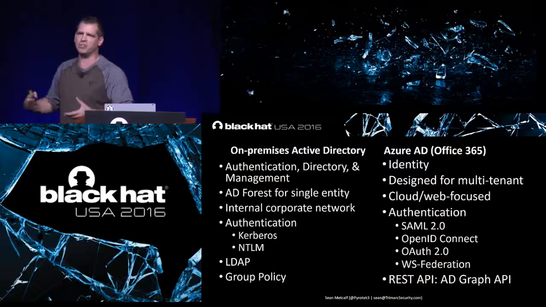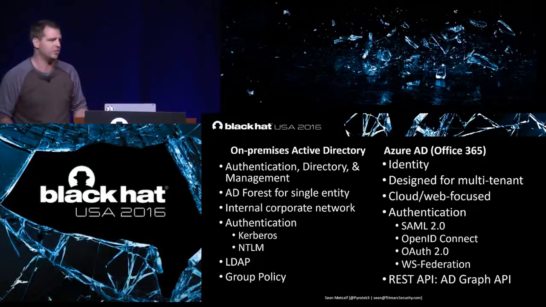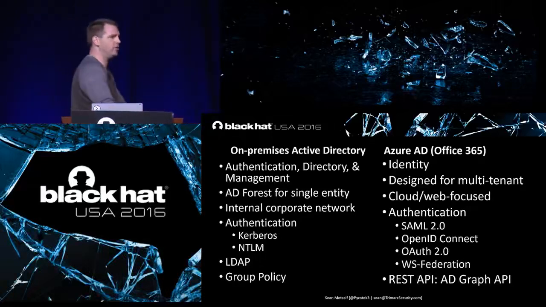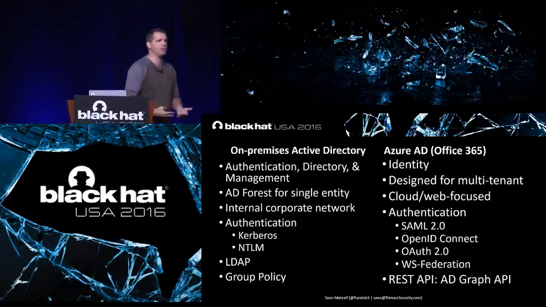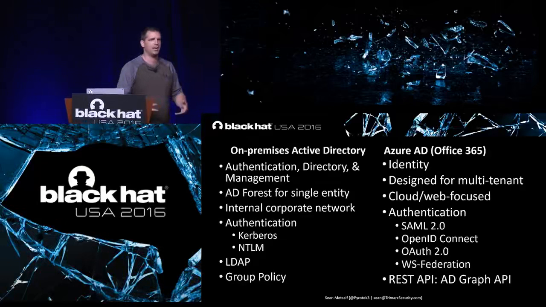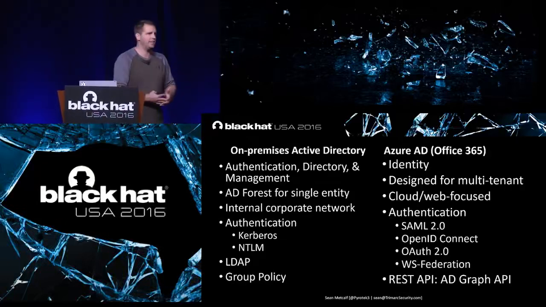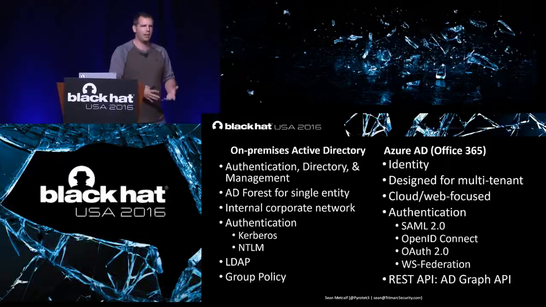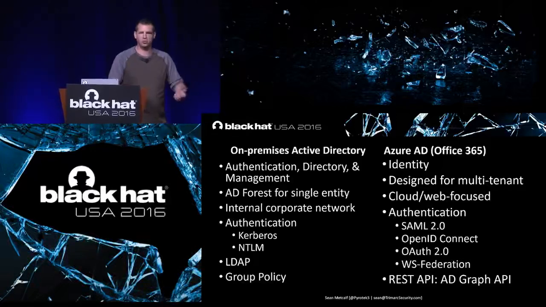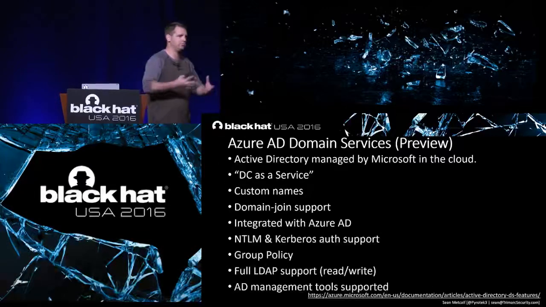So when we're talking about Active Directory, we're talking about what's on the left side traditionally, our on-premises Active Directory environment, which has all the goodness that we're used to for 16 years. If you are moving into Office 365 or have already moved into Office 365, you're looking at what's on the right, Azure AD, which was designed for cloud multi-tenant identity. There's no NTLM, no Kerberos, no group policy, just SAML, OAuth, etc. But if you want all the standard AD stuff in Azure, you can get that.